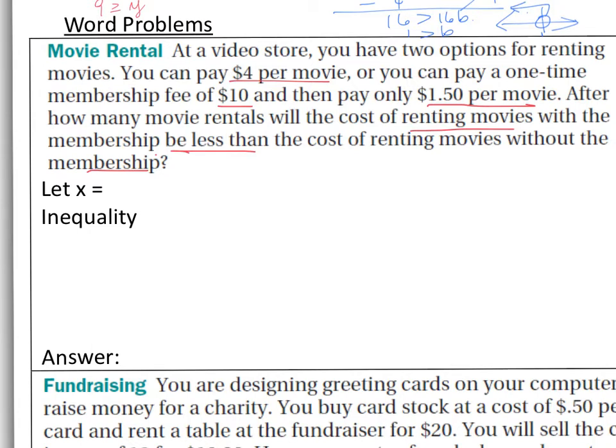So we're going to start with the cost of renting the movies with membership. So that would be $10 plus $1.50x. So x would be the number of movie rentals.